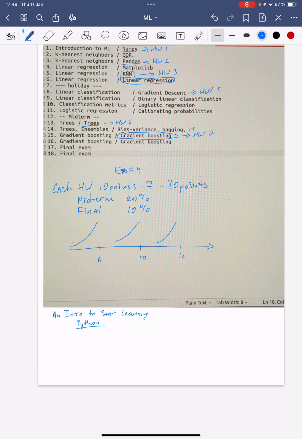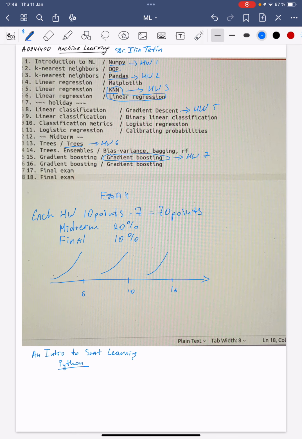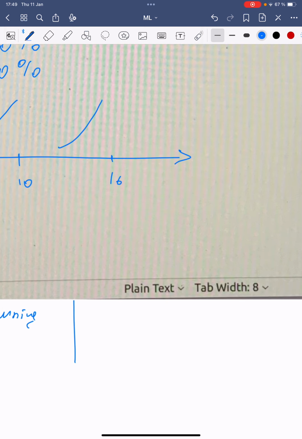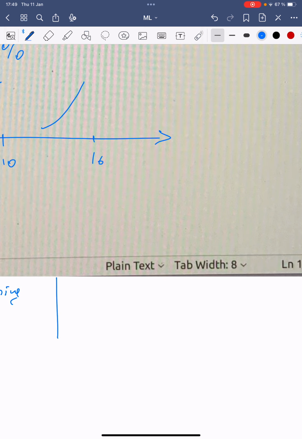And mainly, what else are you going to need to cover this course? Some mathematics, of course: derivatives, partial derivatives, gradient. We will need some topics in linear algebra, like vectors, matrices.